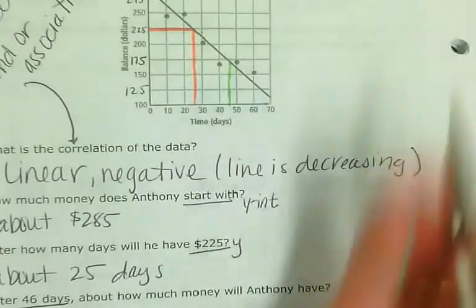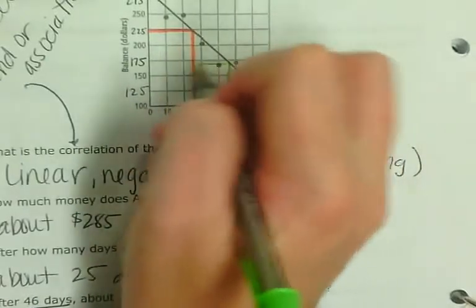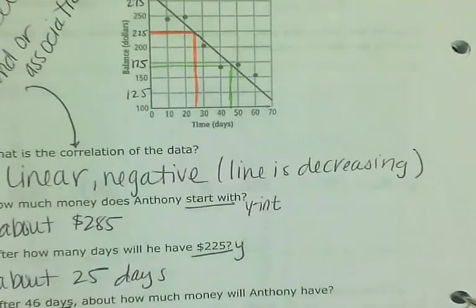You're one step ahead of me. And I'm going to hit that line, and I'm going to come over to there. So I did this one in green. What are you guys thinking here? It's right below 175. We're below 175.